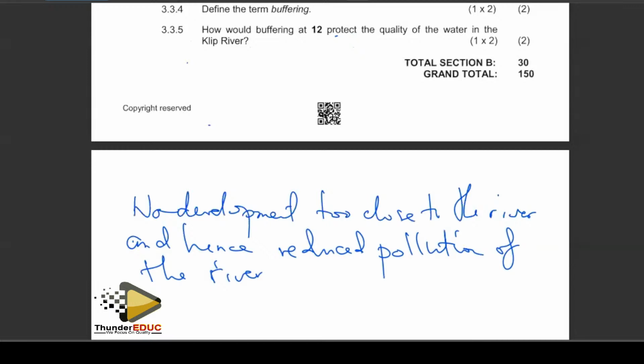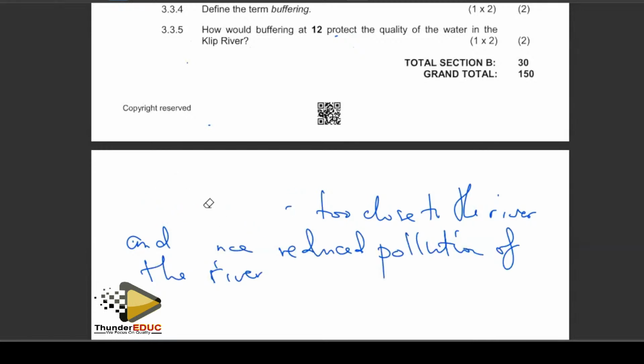If there's a buffer zone, it means human activities cannot happen too close to the river, and they cannot influence the quality of water in the river. And hence, we have safe water in the river because of the limitation of human activities too close to the river. People are limited from influencing the quality of the water by the buffer zone.